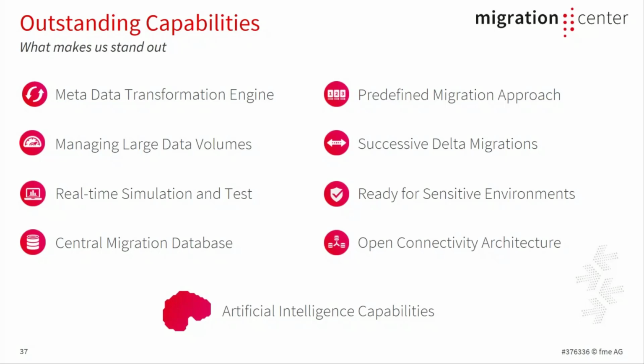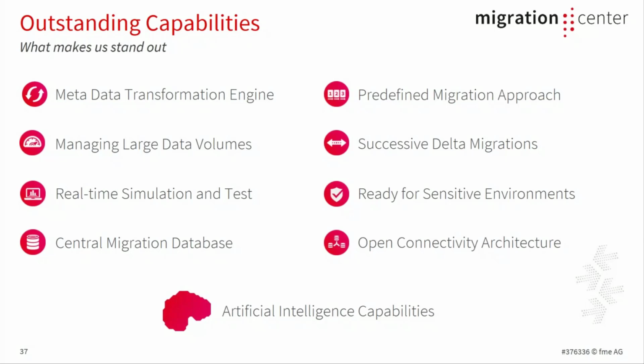We have the central migration database, which allows us to create audit trails and to handle all the relations between documents, between data, metadata, access rights, folder structures, and things like that. This central database also helps us to execute the successive delta migration functionalities, which reduce the downtime of a system to a minimum.